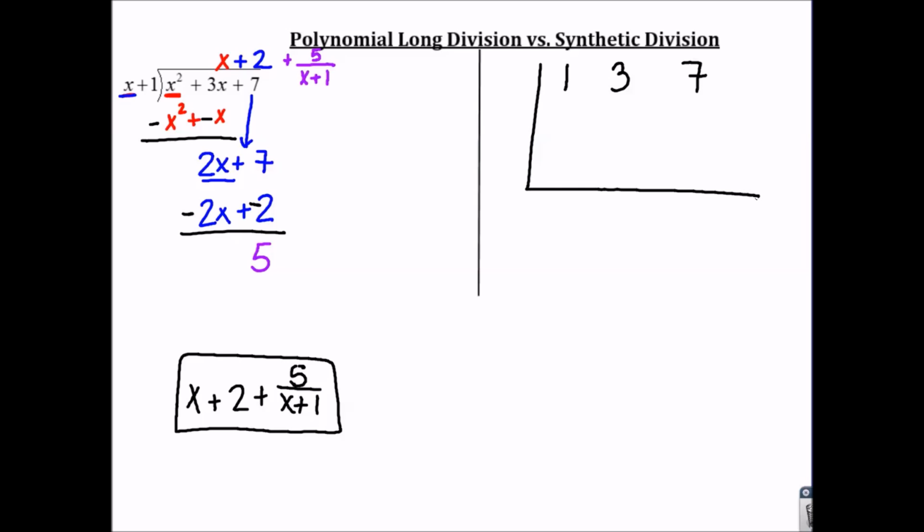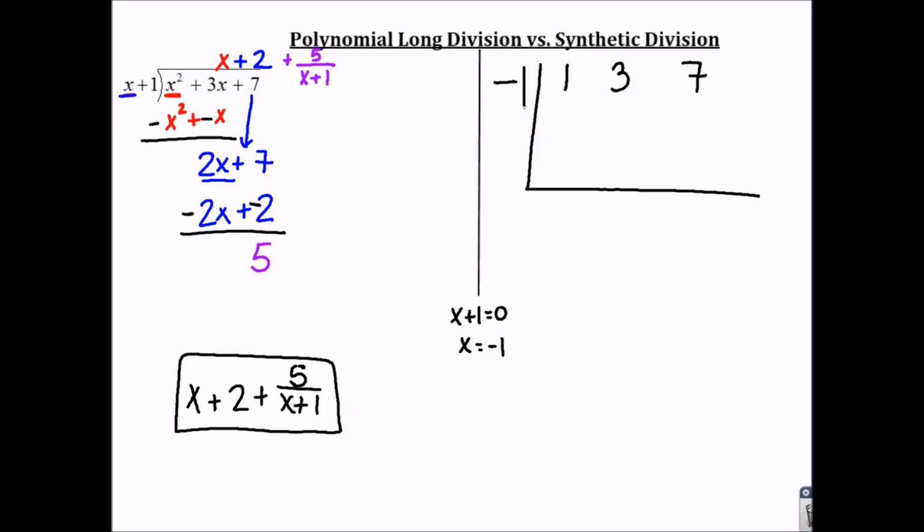And I'm going to draw this L here. Then I'm dividing by x plus 1. So I'm going to do a little bit of work off to the side just to show you where I'm getting this. If you take x plus 1 equals 0 and you solve it, you get x equals negative 1. So I'm going to use a negative 1 for my synthetic division.